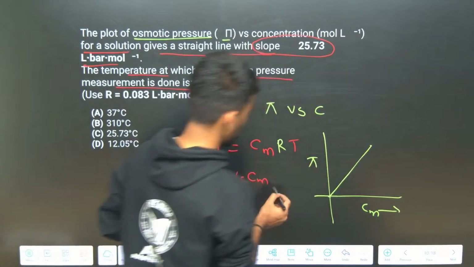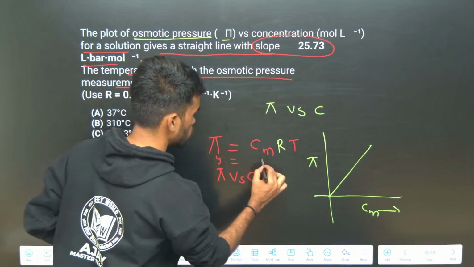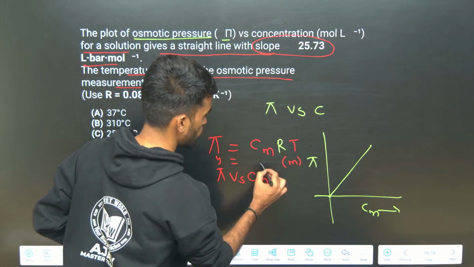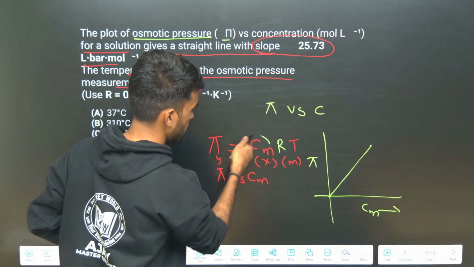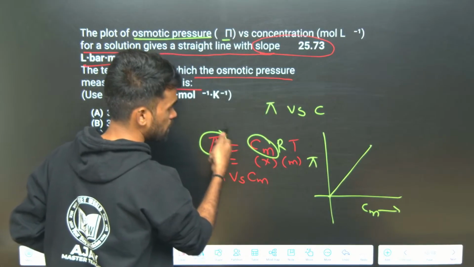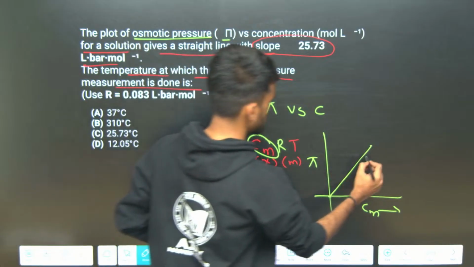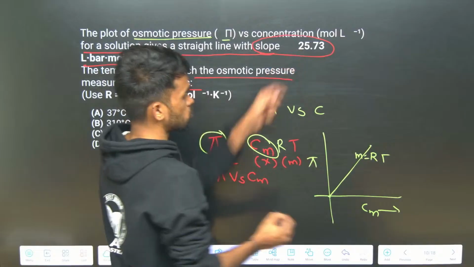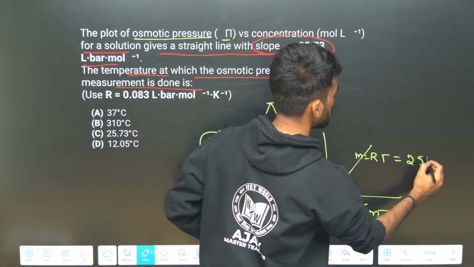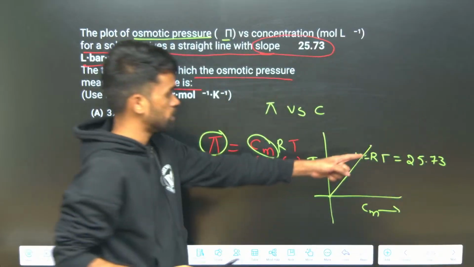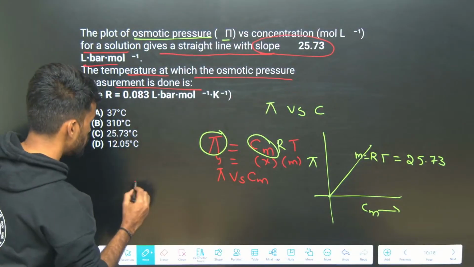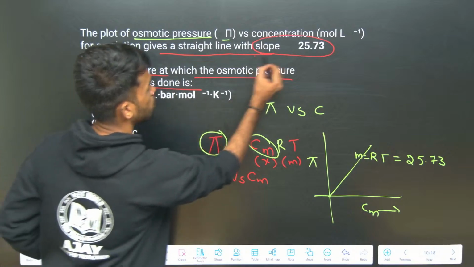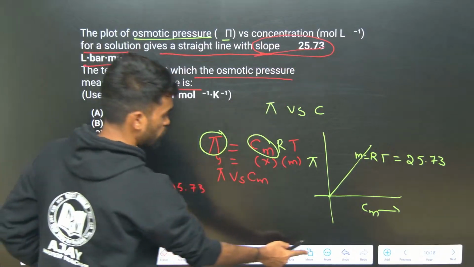That is y equals mx, where this is the slope m, x is the variable here and y the variable here. So RT is the slope: m equals RT, which equals 25.73.